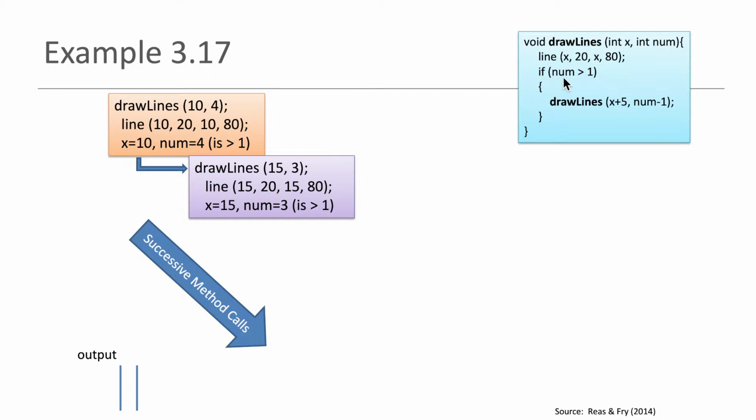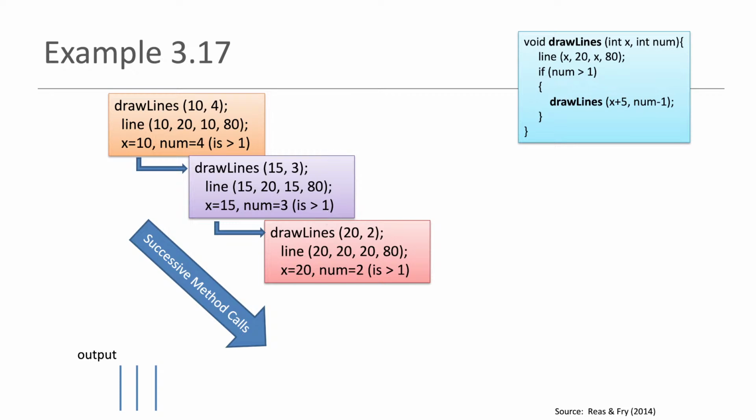It'll then come to the if statement. The if statement says if num is greater than 1, well, the number is 3, which is greater than 1. So it's going to call draw lines again, but after adding 5 to X and after decrementing the number to 2. So we're calling draw lines with 20, 2. It draws the line and then does a test. Is the number greater than 1?